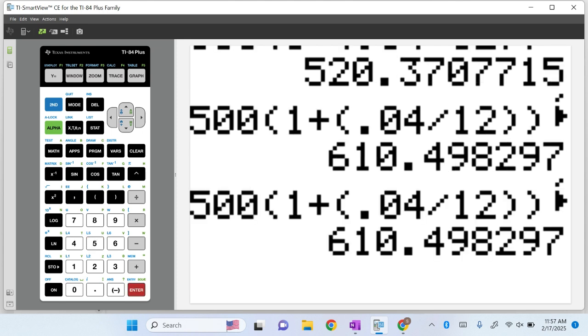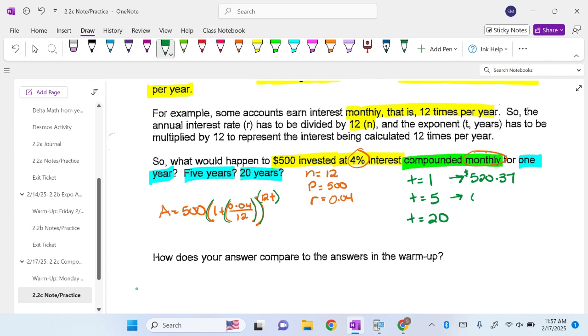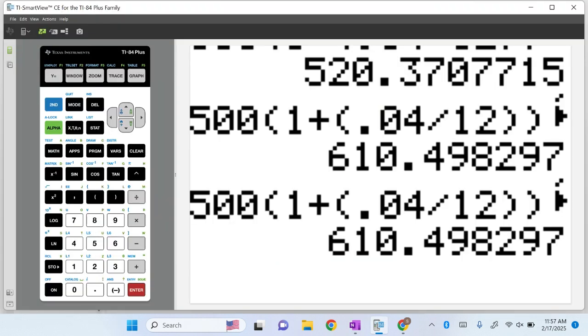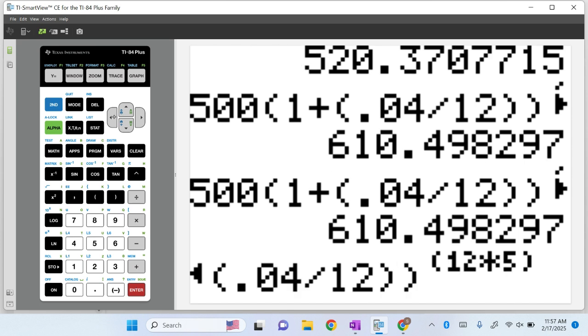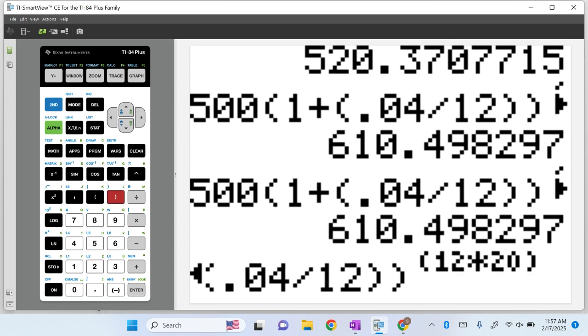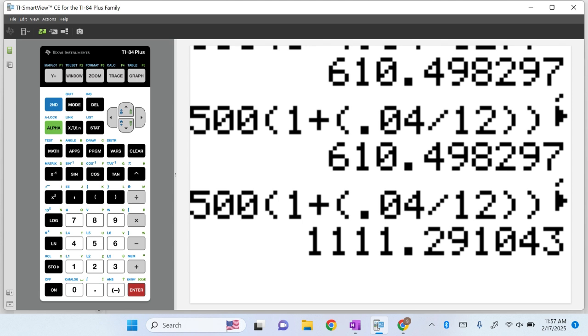Then hit enter, and I now got the second, 610.50. So that's kind of a little speed thing. If you hit second and then enter, it'll re-input whatever entry you had previously, and then you can just change that one number by using your arrow keys. So if I do that for 20, second enter, use my arrow keys, do 20, put another parenthesis at the end, hit enter, and get 1,111.29.